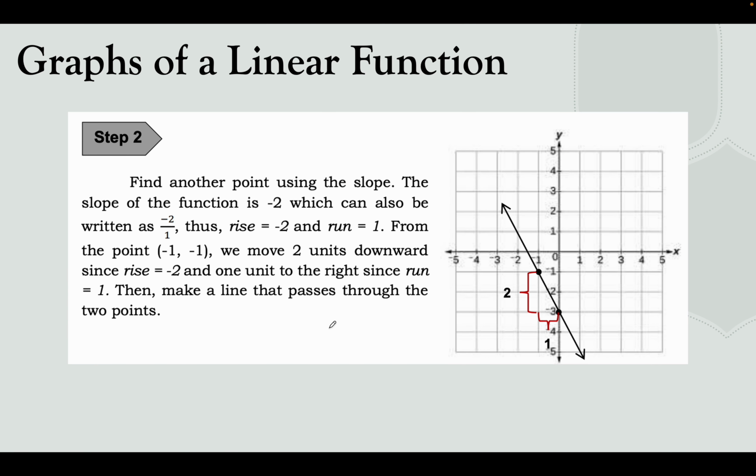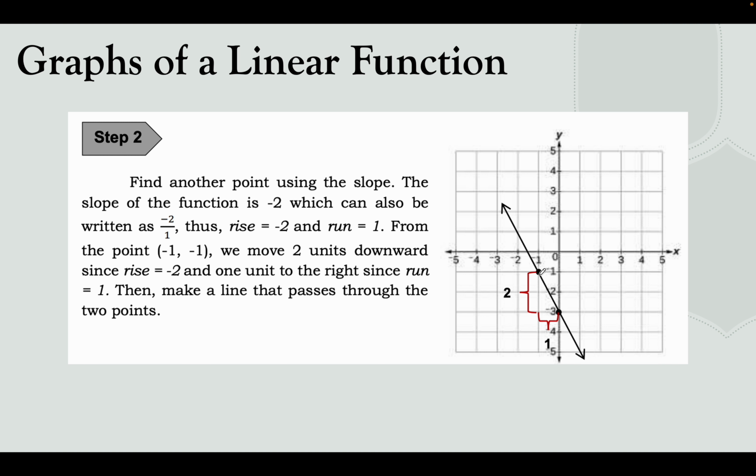Next, step number 2, find another point using the slope. The slope of your given function is negative 2, right? So you can write that as negative 2 over 1. Thus, your rise is negative 2 and your run is positive 1. Since we have a negative rise, you need to move 2 units downward. So your first point is negative 1 and negative 1.